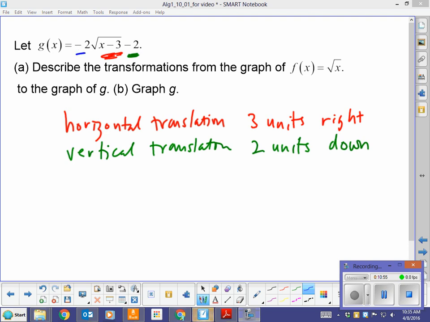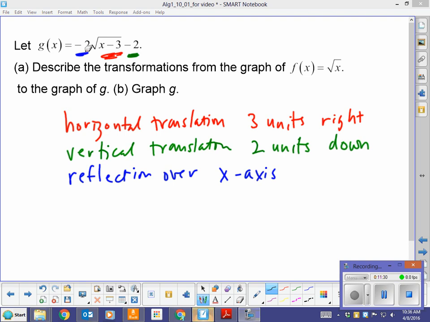And we're multiplied by a negative number, so we're going to have a reflection over the x-axis. And because it's not just a -1, it's a -2, it's going to be a vertical stretch.